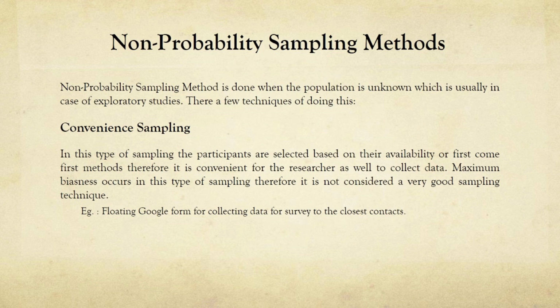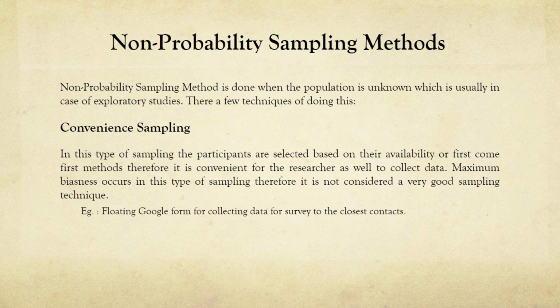We'll be discussing 4 types of non-probability sampling, starting with convenience sampling. What is convenience sampling? In this type of sampling, the participants are selected based on their availability or first come first serve methods. Maximum bias of the researcher comes into play here, because usually this type of sampling is not considered a very good technique. If a population is there and you are reaching it at your own convenience, you might miss out those people who actually make up the maximum part of the population.